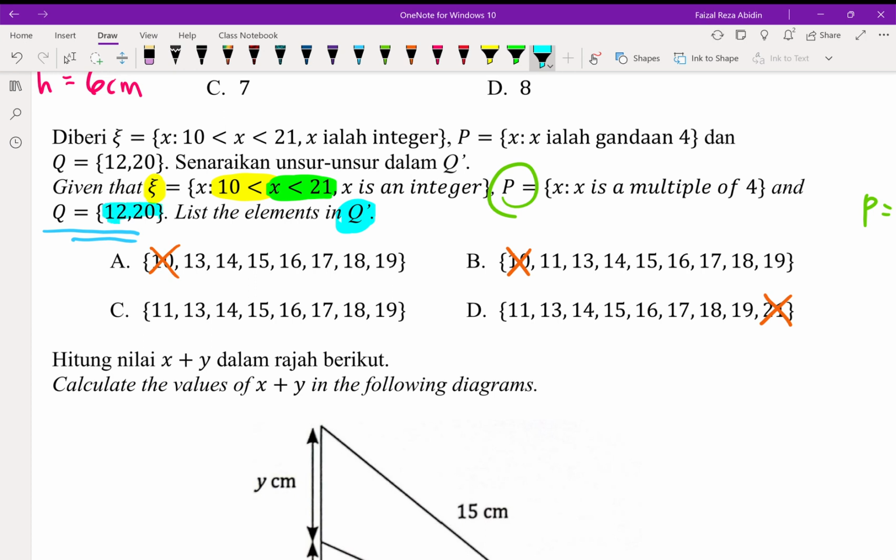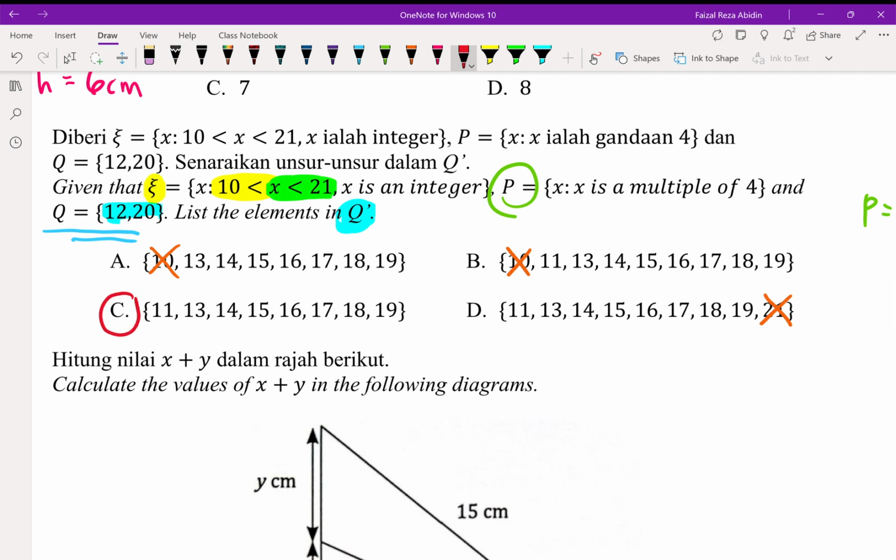That is what the mark on top means. If our Q is 12 and 20, it means we don't want 12 and 20 in our list. So if you look at C here, is there any 12 there? None. Is there any 20 there? None. That's why your answer here is going to be C.